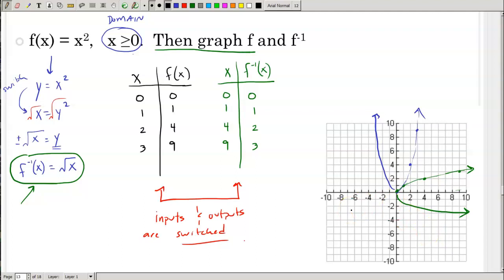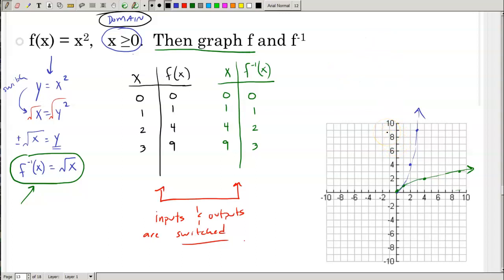And just remember, in math, most of the time we're trying to keep things in terms of functions. So that's the reason why we restricted this domain early on, because if we didn't, f inverse, while it would be an inverse, wouldn't be an actual function. So there's your answer to this.